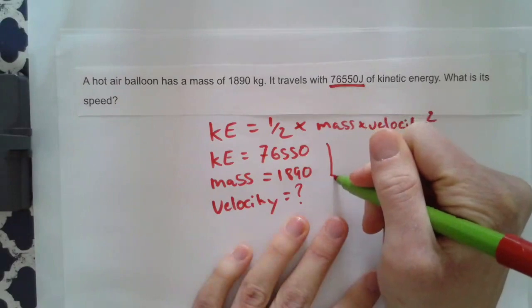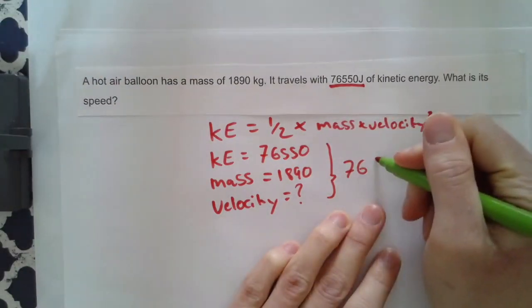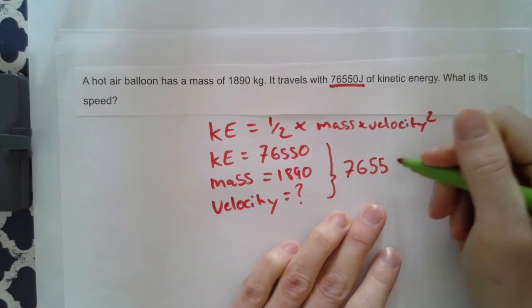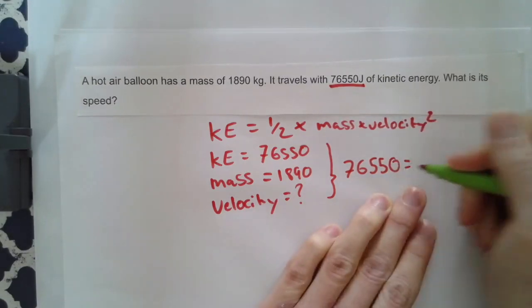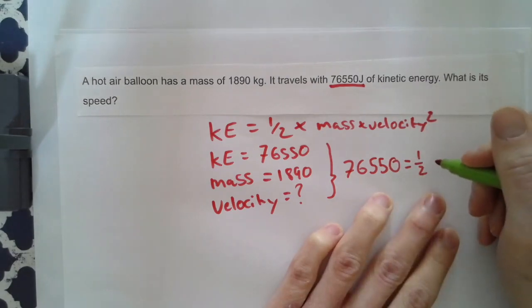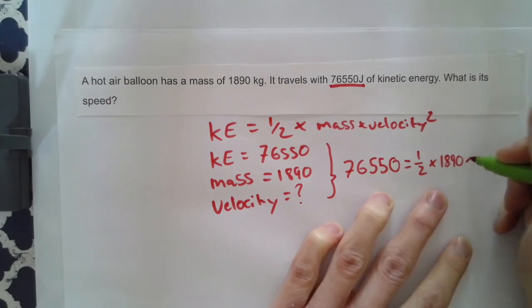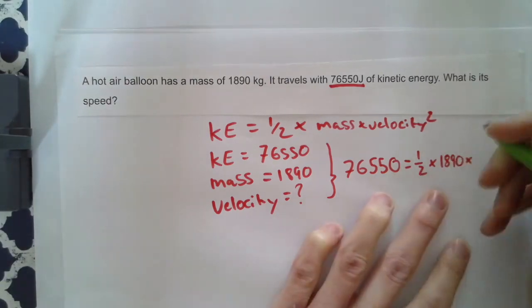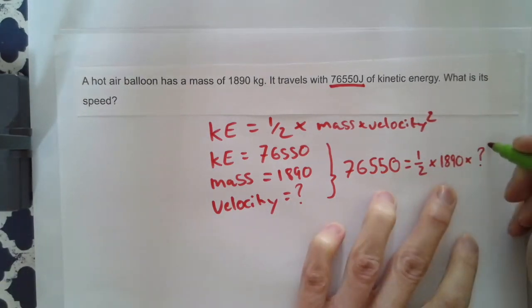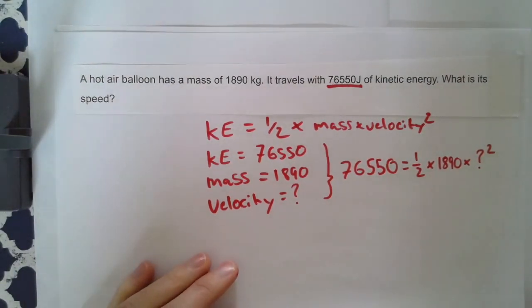So if we put that into my equation, we get 76,550 is equal to a half times my mass, 1,890, times my velocity, my question mark, squared. It's important to remember that we've got that squared term here.